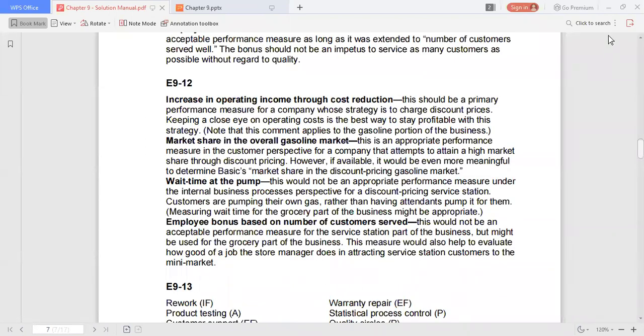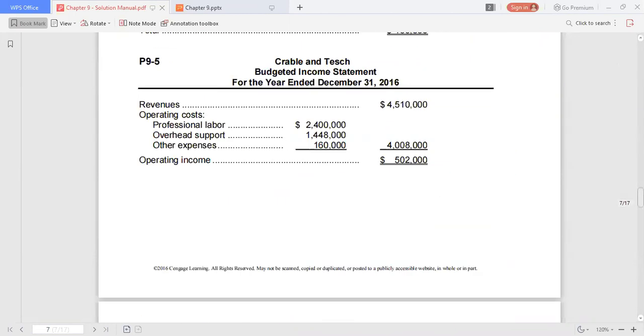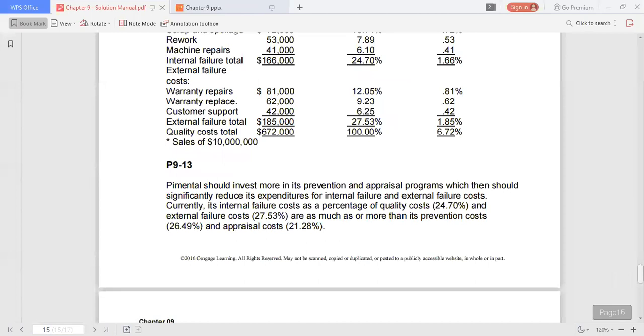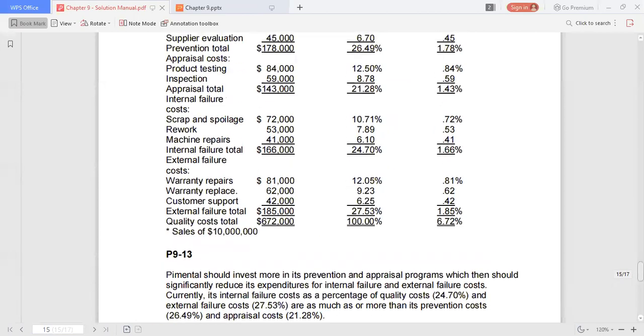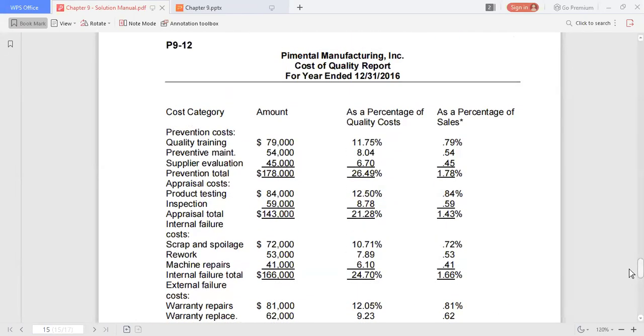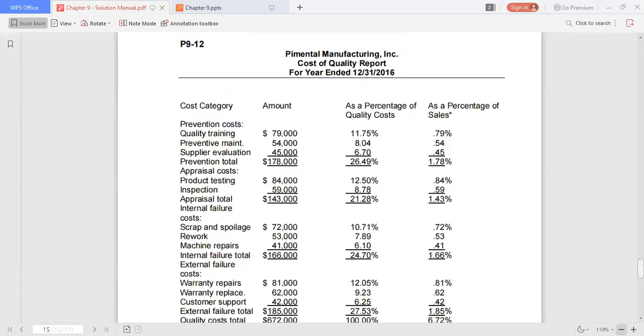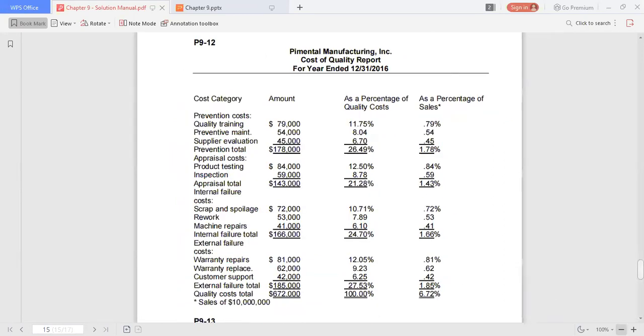Okay? We now go to P9-12, preparing a cost quality report. Pimental Manufacturing Incorporated is the producer of specialty machinery for numerous customers. It had $10 million of sales in 2016 and identified the following costs as being related to quality.